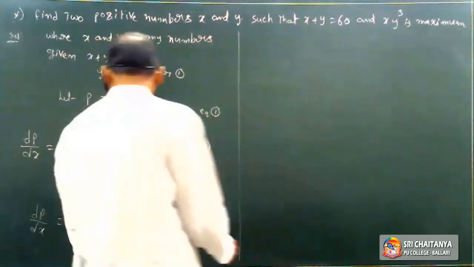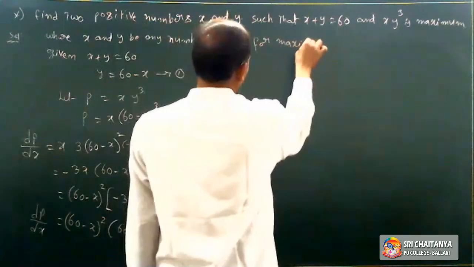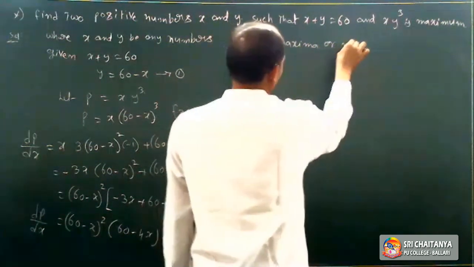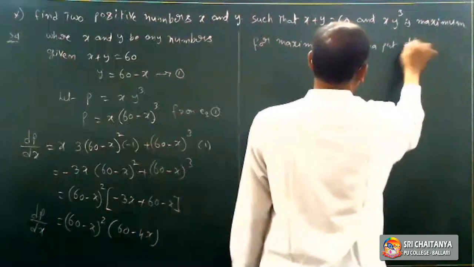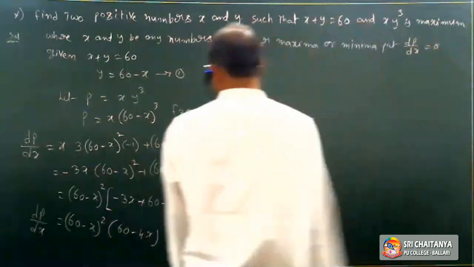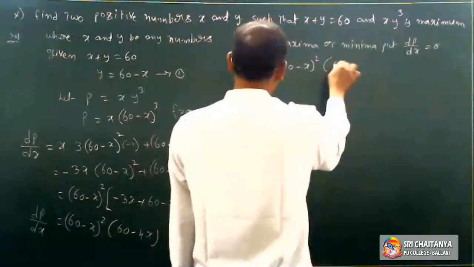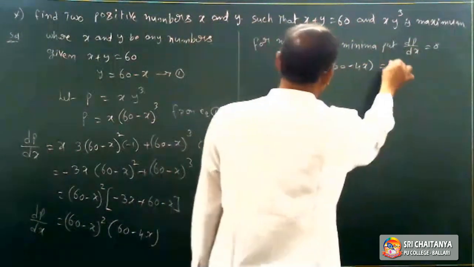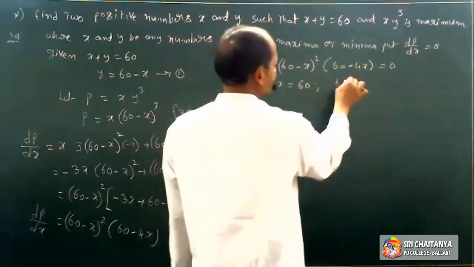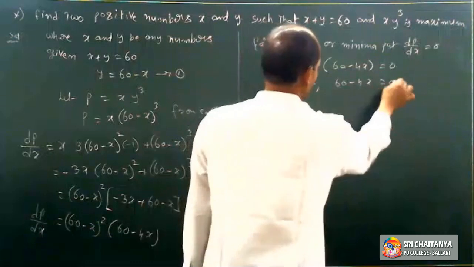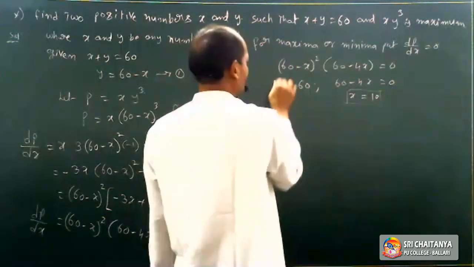For maxima or minima, put the first derivative equal to 0. That means 60 minus x whole square into 60 minus 4x is equal to 0. So x is equal to 60, and 60 minus 4x is equal to 0, x is equal to 15. So here we get the two values.